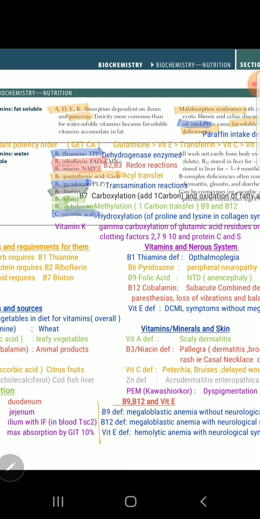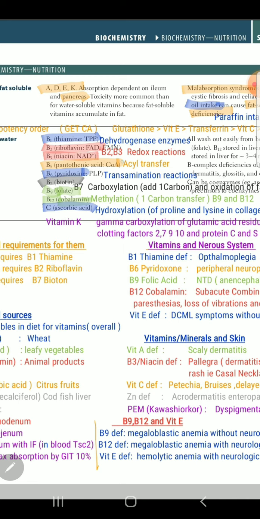Then B5, pantothenic acid, P for penta and P for 5, B5, and it is the acyl transfer vitamin, and in CoA, acyl CoA. It's not acetyl, it is acyl CoA transfer. So this is the first vitamin for transferring, others will be discussed ahead.